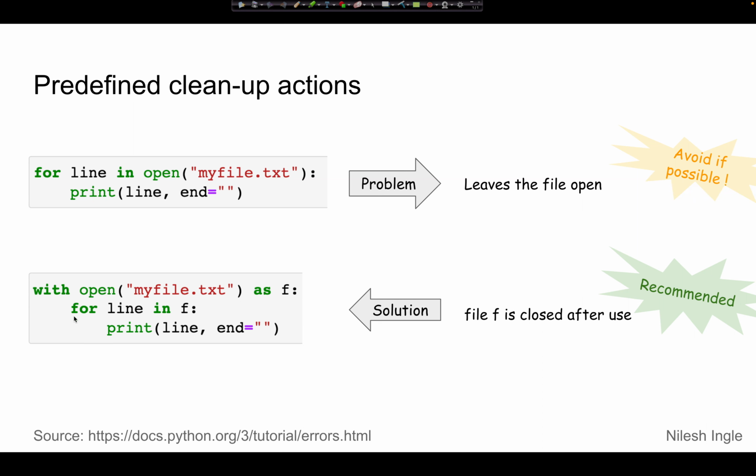So as a best practice, as mentioned in the docs, we want to use with open myfile.txt as f and then use that f inside the for loop. What this does is, after we are done with the for loop, it will automatically close the file. So that was just a note I thought would be helpful to mention here.